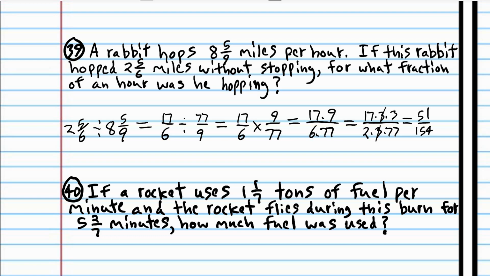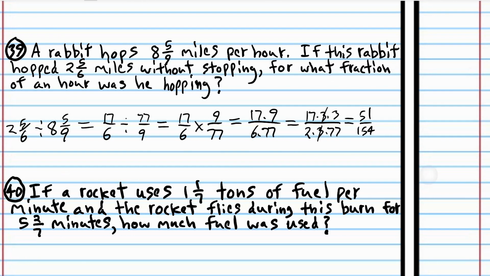All right, so what are the units? You're saying, well, I don't know what the units are. I'm tired. I don't care. Well, again, it's so easy. What fraction of an hour? So that's our units. Hours. 51 over 154 of an hour.